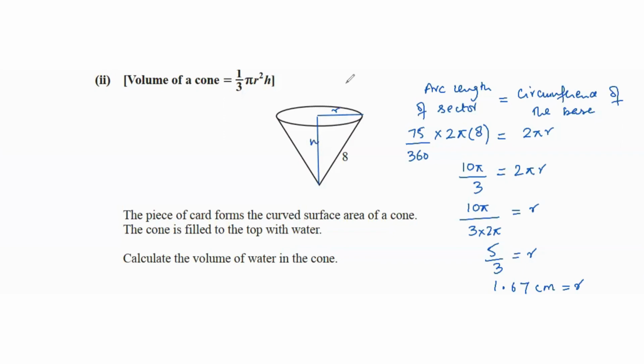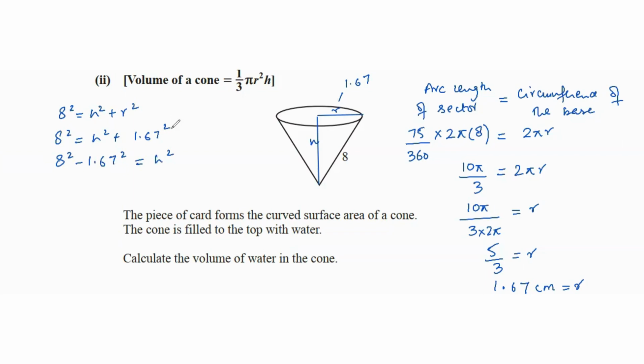So radius is now 1.67. So you can use Pythagoras to find the height. So that's going to be 8 square equals h square plus r square. 8 square equals h square plus 1.67 square. 8 square minus 1.67 square equals h square.